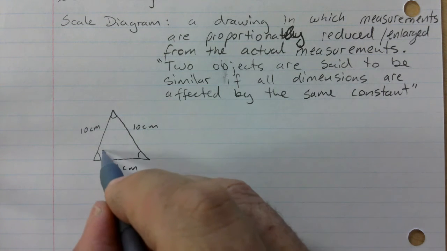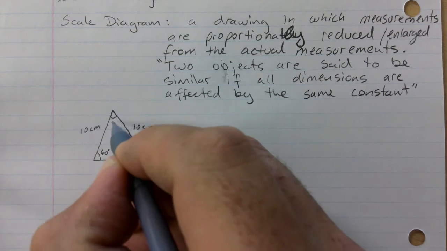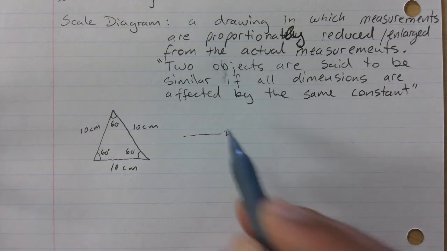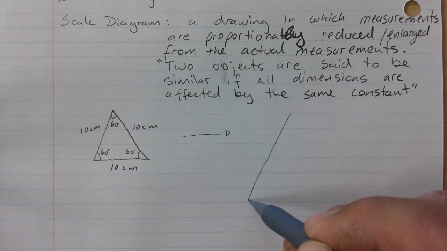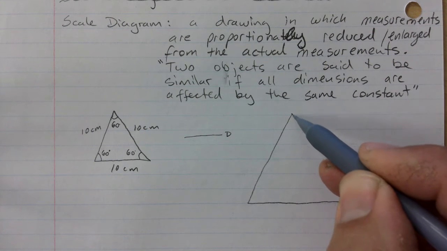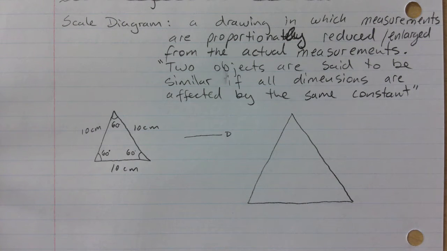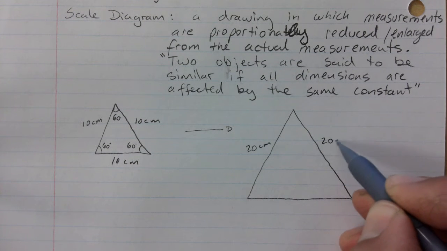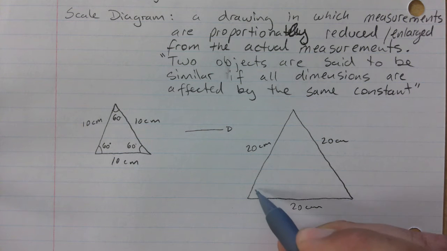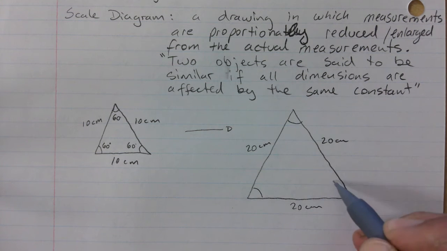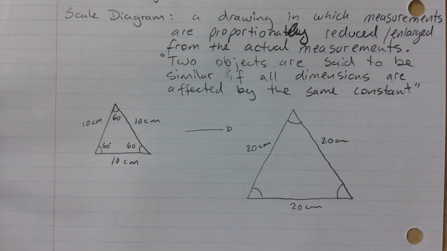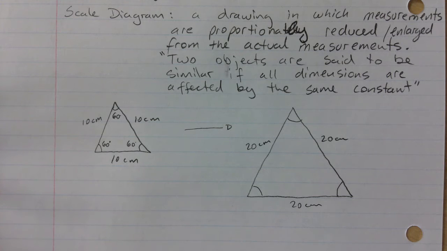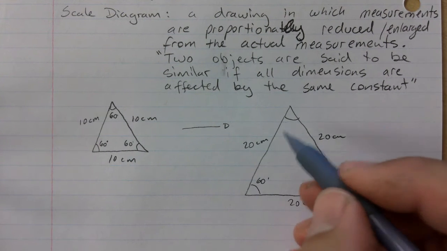So 60, 60, 60. Now if there is a larger triangle, obviously the shape would have to be the same, and you see that it's 20, 20, 20. What are the angles going to be of this enlarged triangle? Still 60, right? It doesn't matter what the size is, it's always 60 degrees.